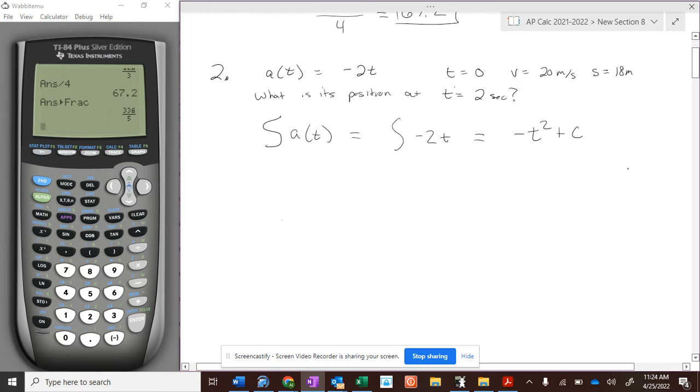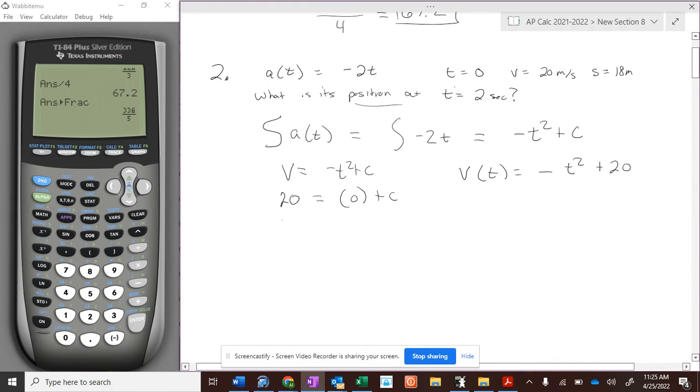That's the velocity function. The velocity is 20 meters per second when the time equals 0. So what is our velocity function going to be? Negative t squared plus 20.